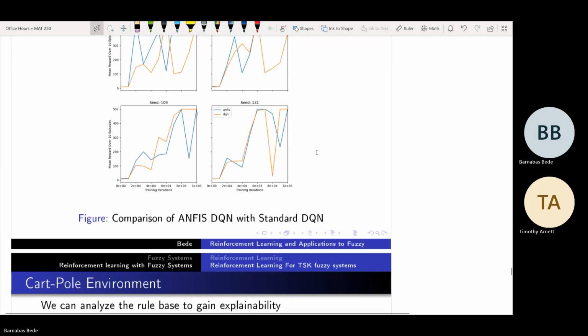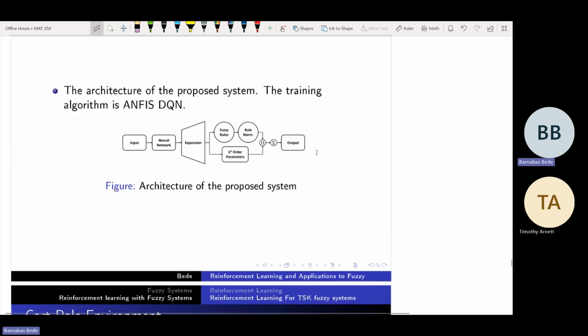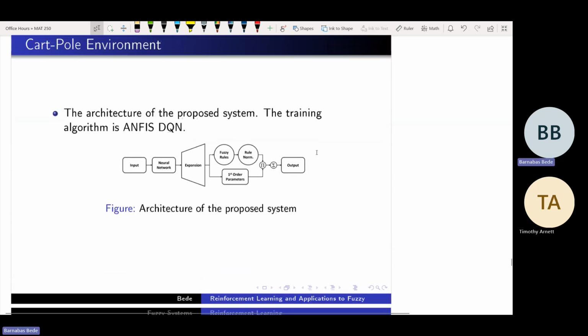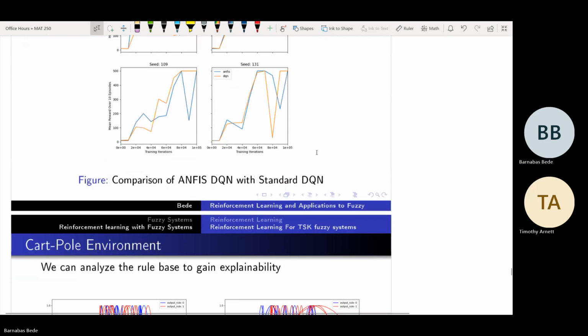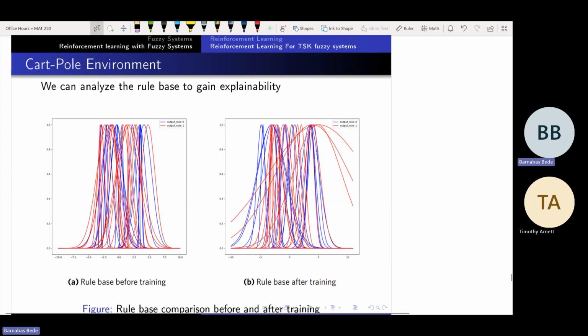Yes. What is the advantage? Why would you do ANFIS DQN? The advantage is in explainability. You want to gain some insight into what's going on in these rules. However, it's hard to see here, so let me wait a minute.